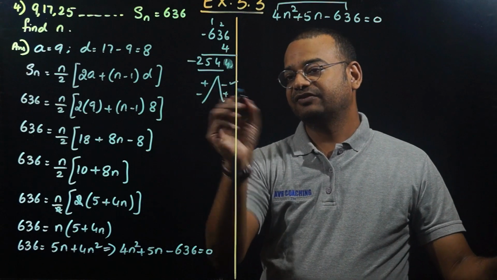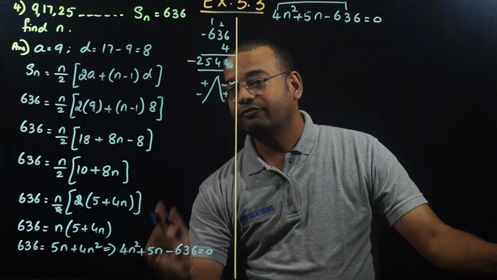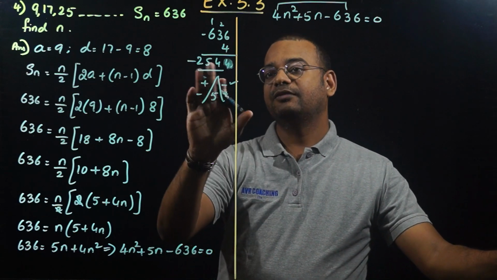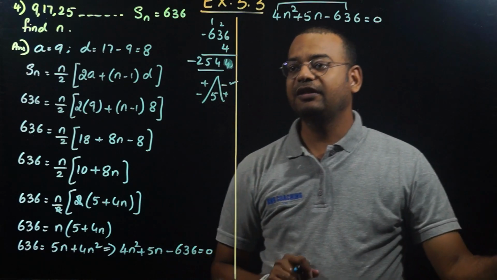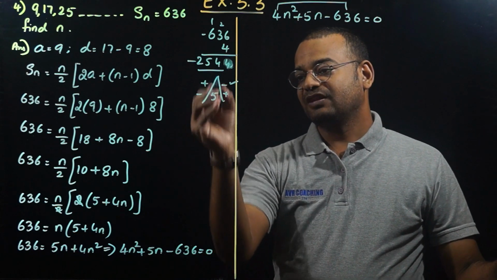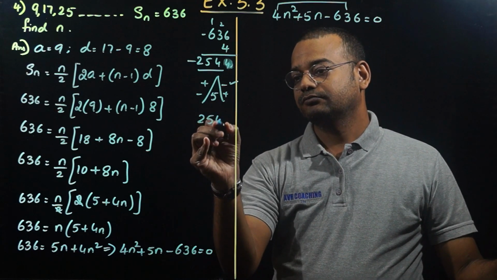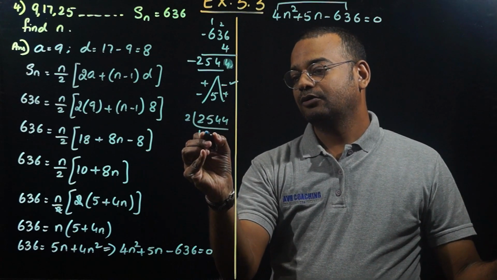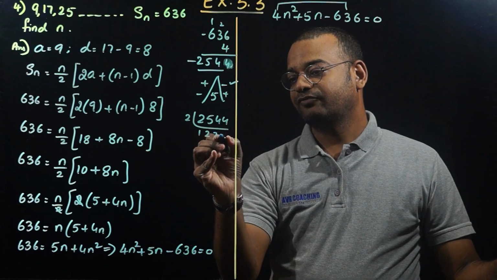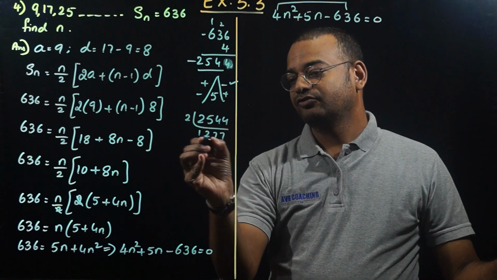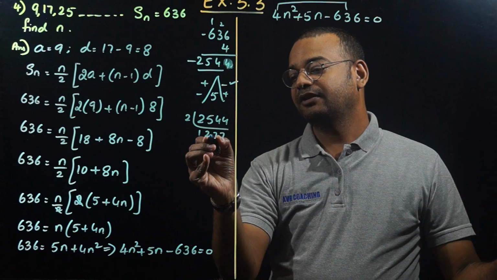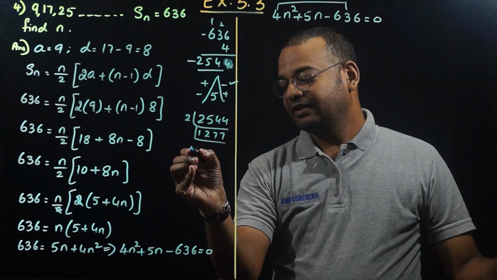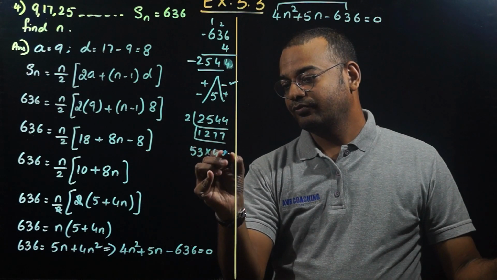When we subtract the terms, we have to get 5, and when we multiply, we should get 2544. So when we prime factorize it, 2 ones are 2, 2 twos are 4, 2 sevens are 14. And 2544 we can easily write as 53 into 48.